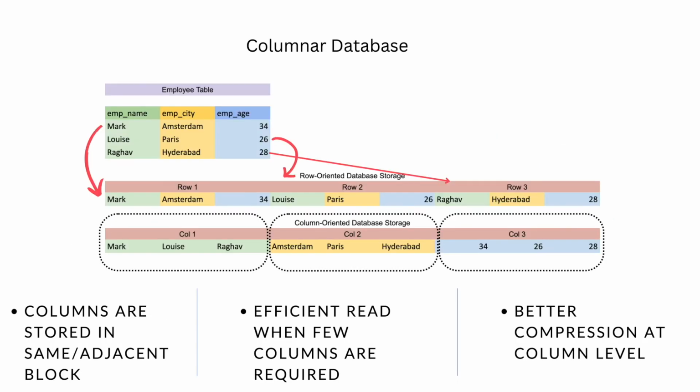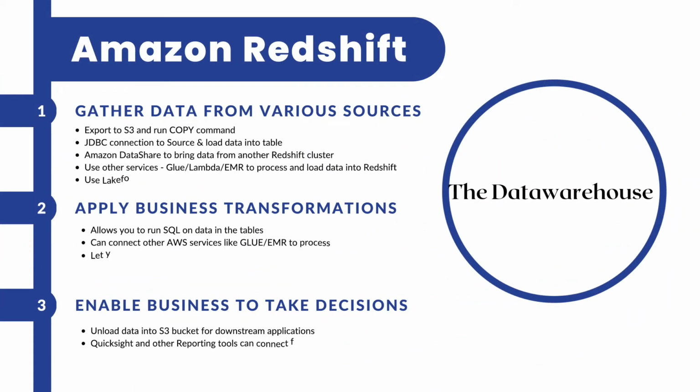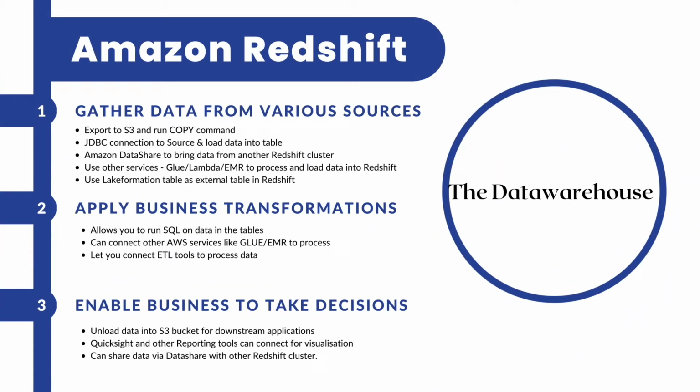Now coming back to Amazon Redshift, we'll talk about those three fundamental concepts and then we'll see how each concept is applicable to Amazon Redshift. So let's begin with this lesson where we'll talk about how Amazon Redshift is considered one of the leading cloud data warehouses in the market today.